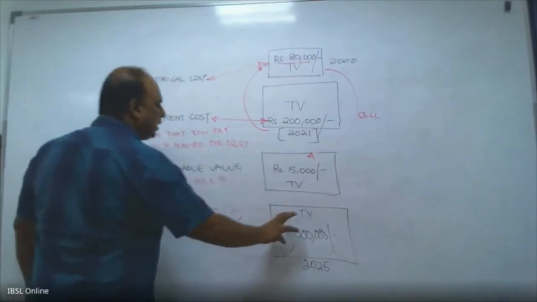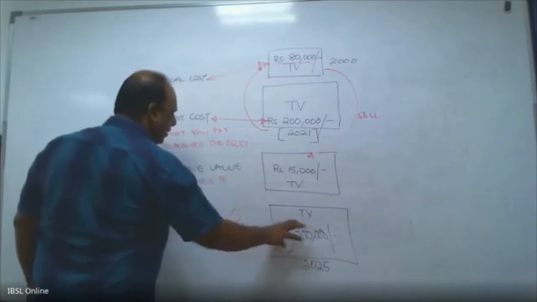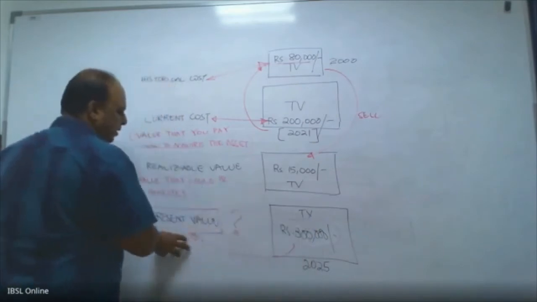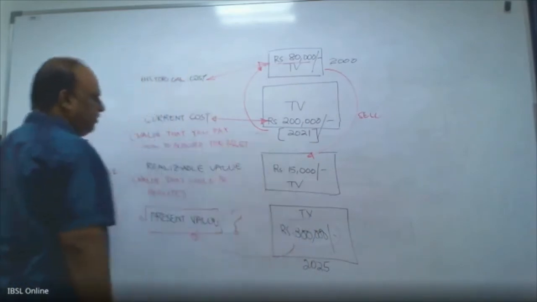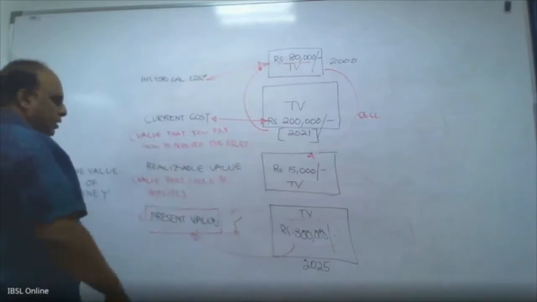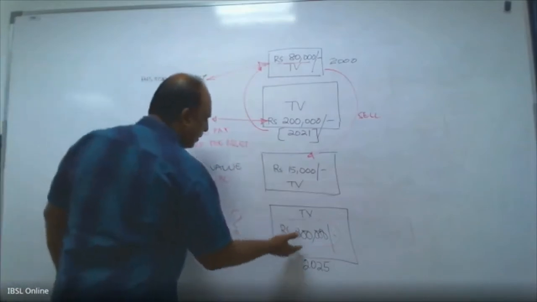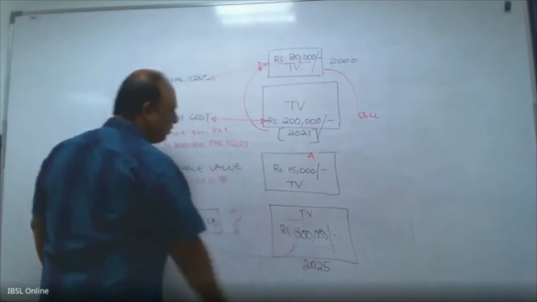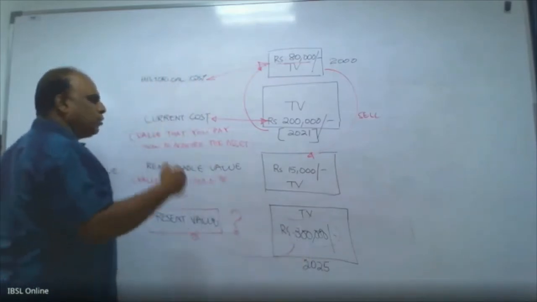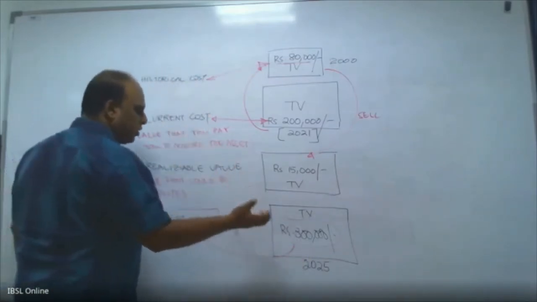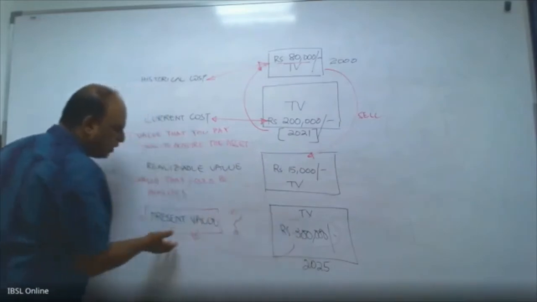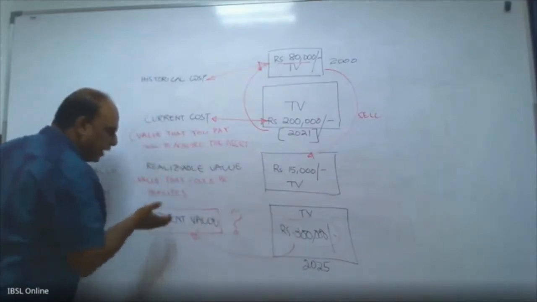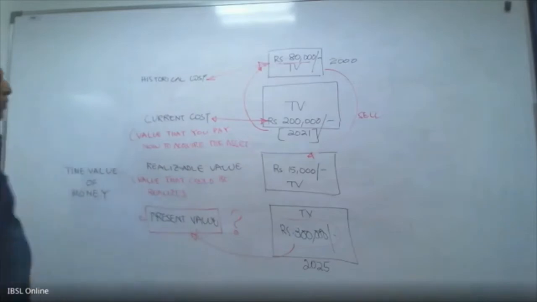So getting 300,000 after 4 years is worth how much today? Let's forget about this concept of TV now. Let's say your salary. You are expecting your salary to be 300,000 in 2025. Having 300,000 in 2025, how much is it worth today? That is called present value. Okay. So any questions on that?